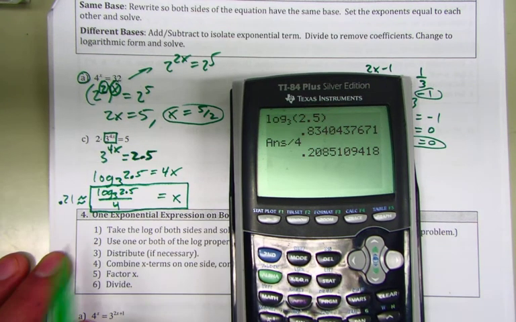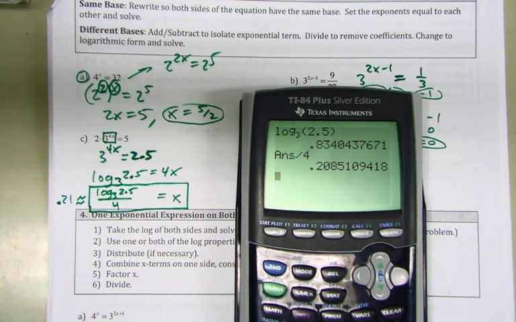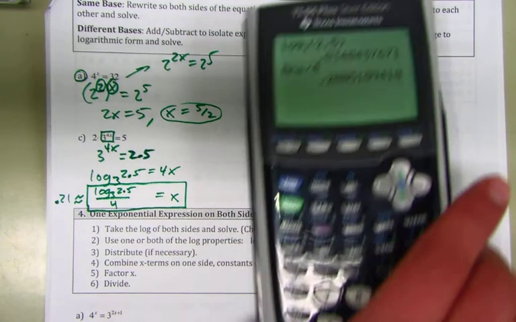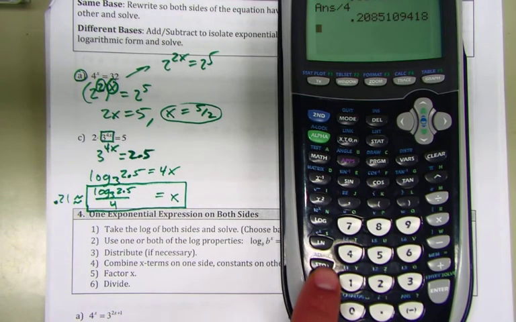Now, do you guys know how to check your answer to make sure you did it right? Plug it back in. That's a lot of things to plug back in, right? Have we talked about storing? Here's what we can do. You see this STO button?